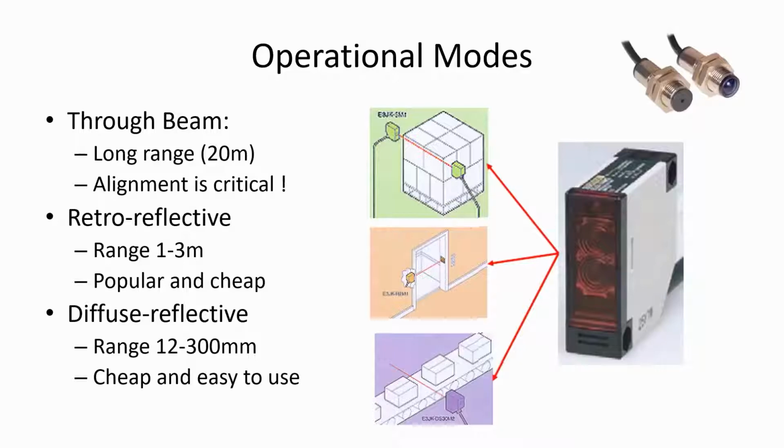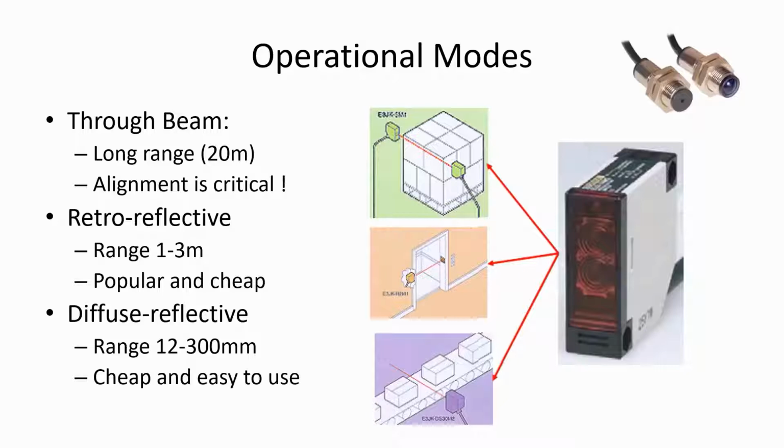The through beam is, as you can see at the top, where the transmitter and the receiver are separate, and the object to be sensed will be in the middle. One side has the transmitter and the other side the receiver. The setup is made in such a way that the light is focused on the receiver.